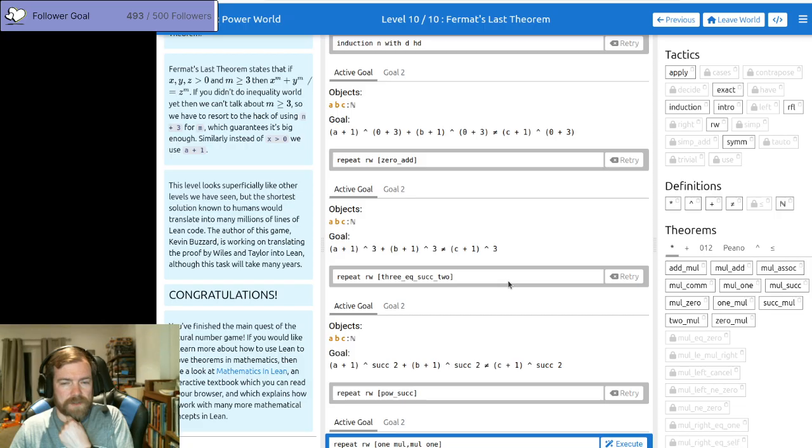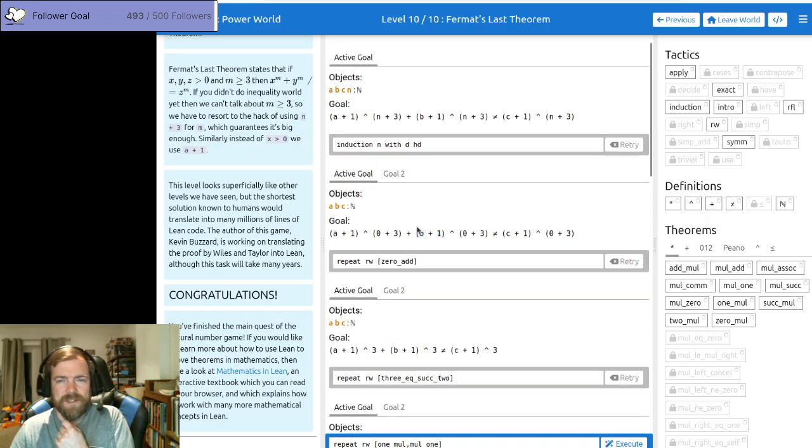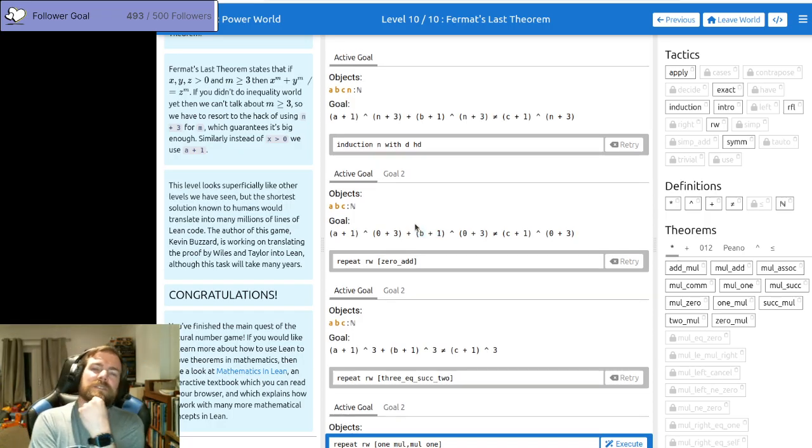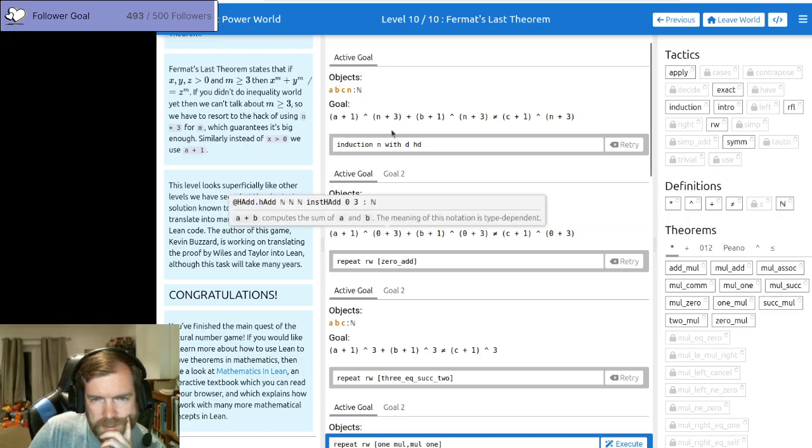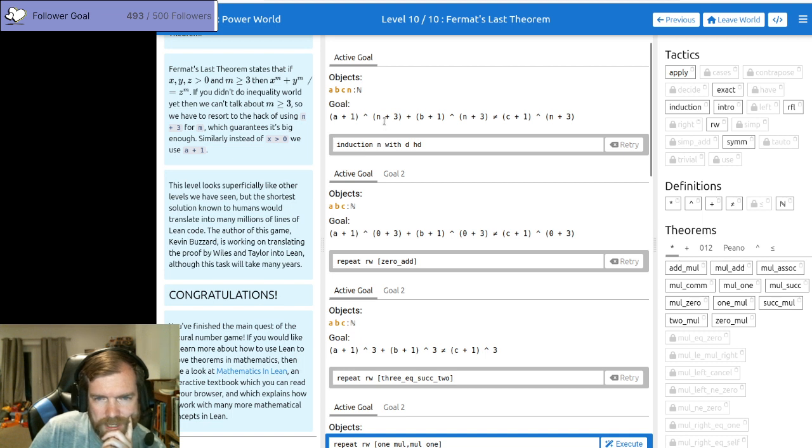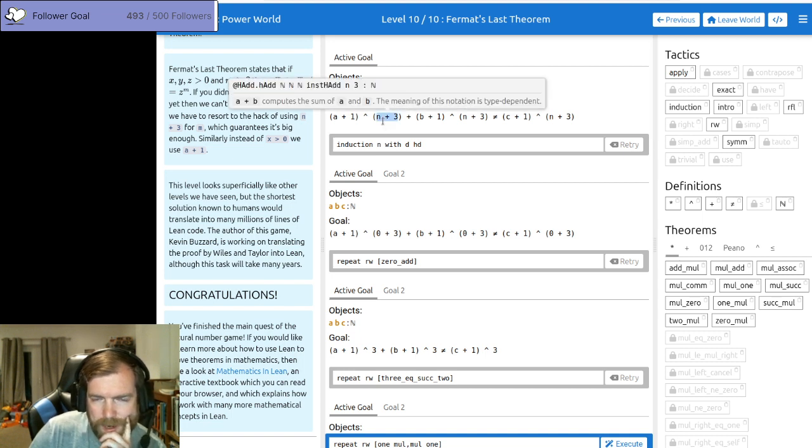Right, and this is also the base case. So maybe we don't do this one precisely. Like, I don't know what else we would do here exactly. So we said let's do induction on n being the powers.